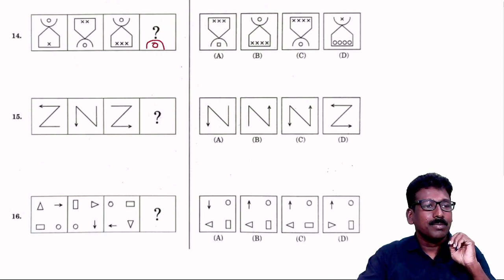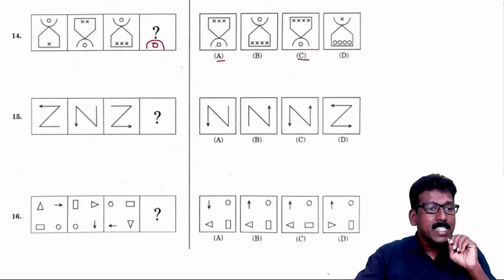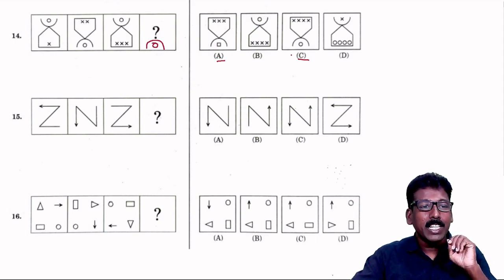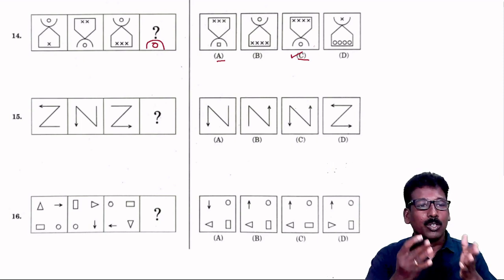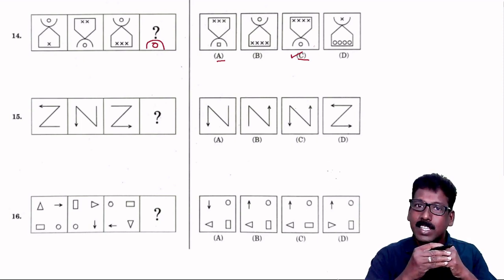Now, how many figures are there in this part? Here A and C are the same type, but you can see A has a square inside, but we need a circle. So immediately you can answer your correct option is C.